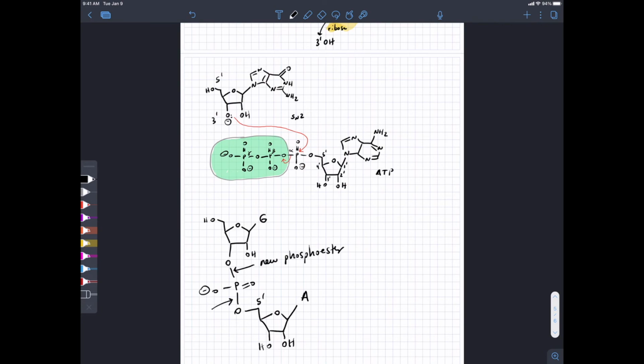And here is the old phosphoester that was present in the original ATP molecule. This is the alpha phosphorus group. Then over here we've got the pyrophosphate leaving group. And that's pretty stable on its own, though that can undergo a subsequent hydrolysis reaction to give you two phosphate groups.